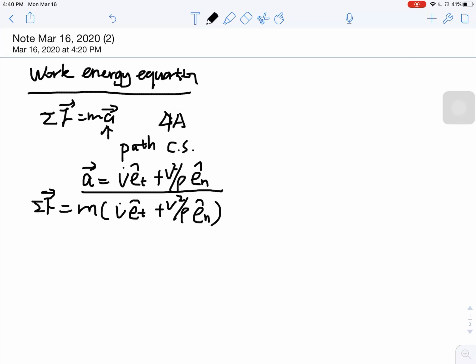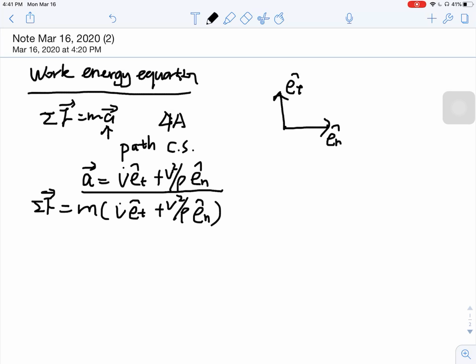One is in the et direction, and another component is in the en hat direction. And as we learned, et hat represents the tangential direction, which is the motion of the object or the particle. En points to the center of curvature.